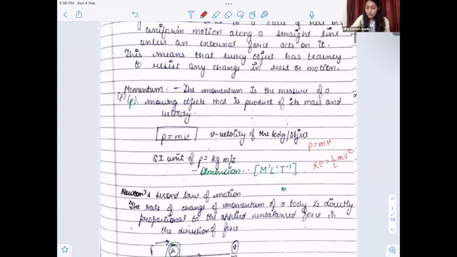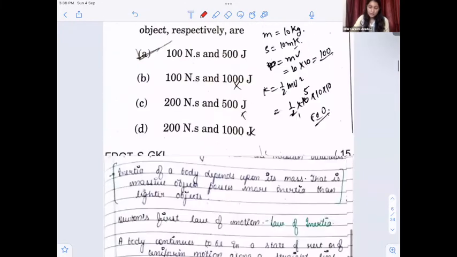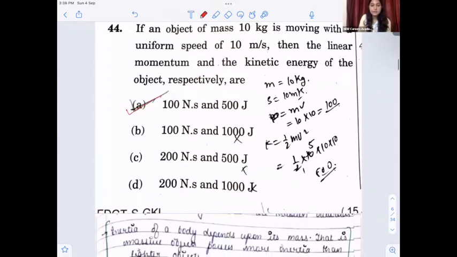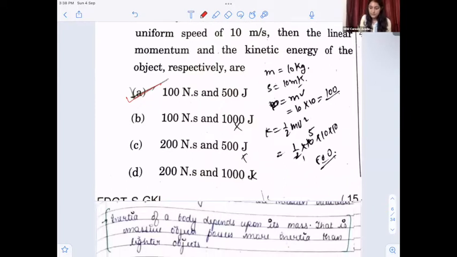We know the value of m and v. v is given as 10 and mass is also given as 10 kg. So you will get answer as option A, 100 Newton second and 500 joules. Two formulas are used: p is equal to mv and kinetic energy half mv square.